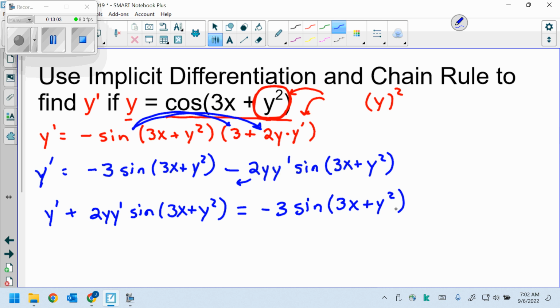So organize is now done. Now, some people will factor and divide all at once. So if I factor and divide all at once, this is going to be y prime times 1 plus 2y sine.